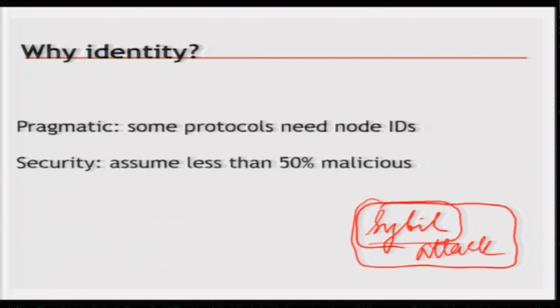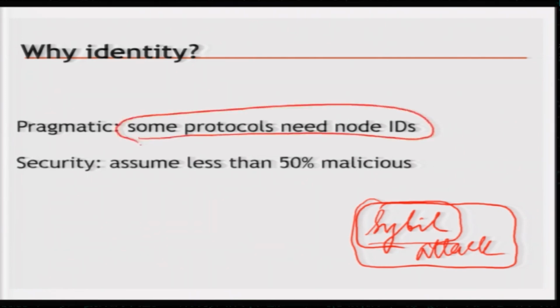Now, some other protocols require node IDs, and maybe also they connect that to real world identity. For example, we will see when we look at permissioned blockchain. In permissioned blockchain, every node is actually permissioned, and how are they permissioned? Because there is somebody who actually permitted them.